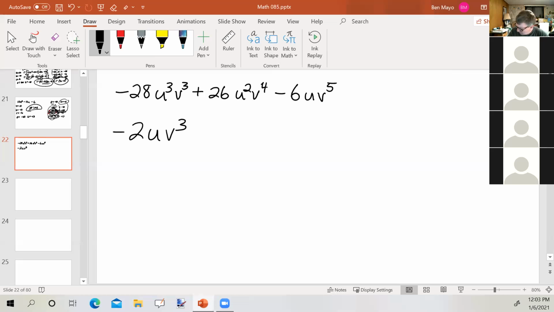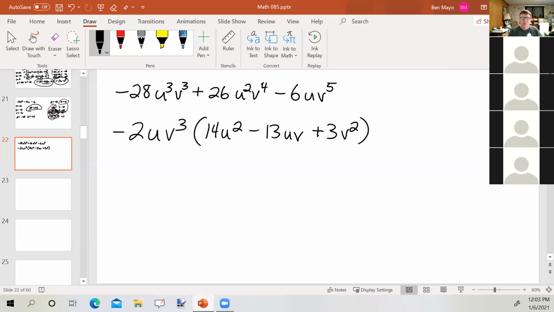So now my leftovers are 14 u squared minus 13 u v plus 3 v squared. Let's check here. That's -28 u cubed v cubed plus 26 u squared v to the 4th minus 6 u v to the 5th. Okay, looking good so far.